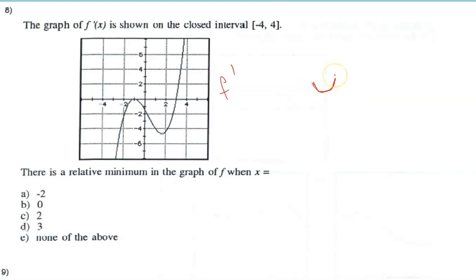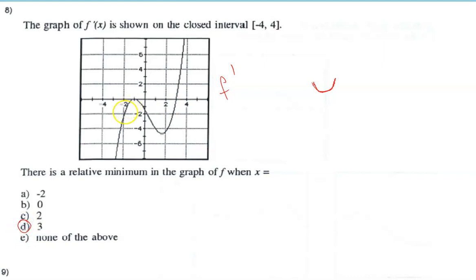So we want to know where on this graph f prime is changing from negative to 0 to positive. Here f prime is negative, then 0, then positive. So our min on f happens at x equals 3.